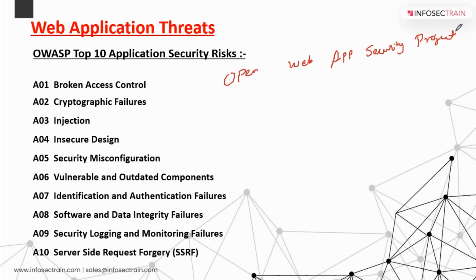Now, what does this OWASP do? When the web application or the web was introduced during that time, OWASP made this list public, and this list is a well-known attack list. Most of the attacks were done in the time frame when OWASP was introduced, when web applications were being introduced.